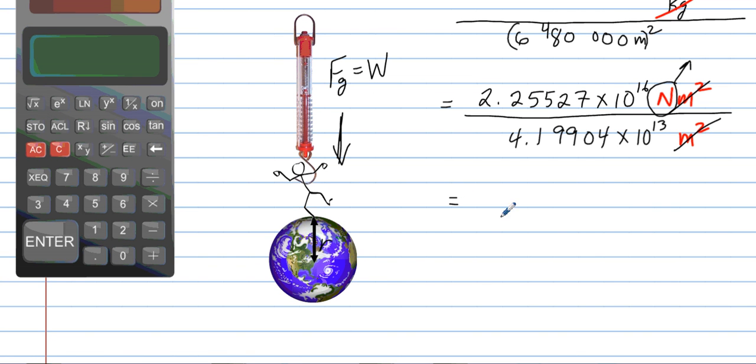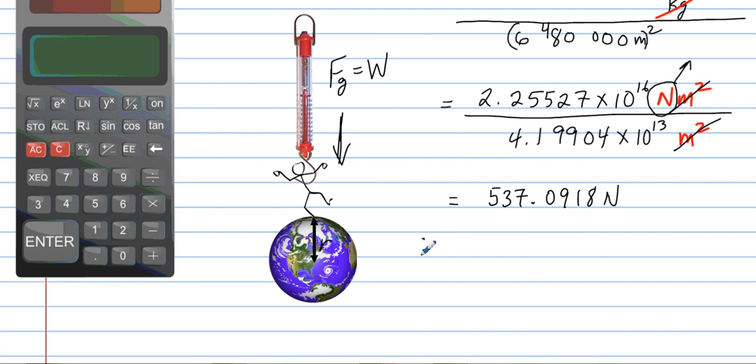So now it's a matter of simply carrying out the division, again being aware of your exponents, and we find that the force of gravity comes out to be 537.0918 newtons of force.